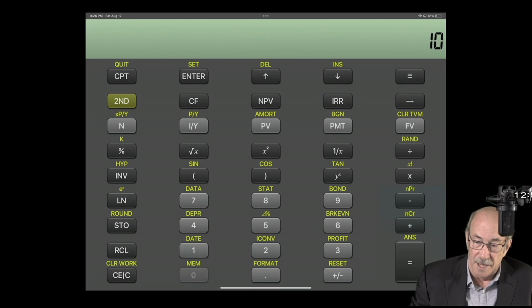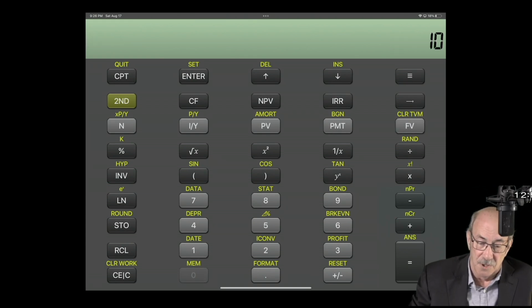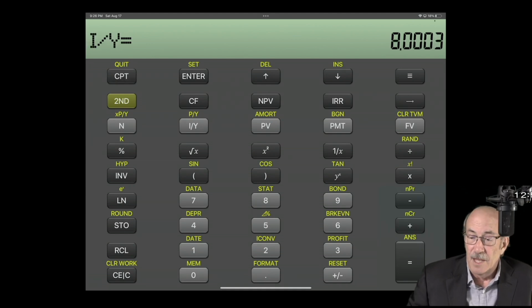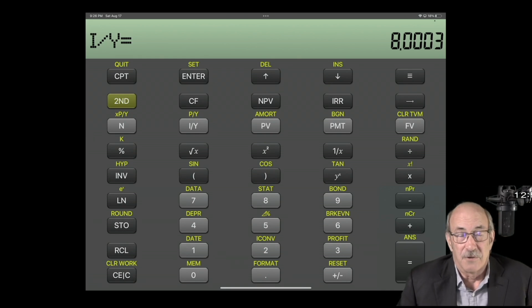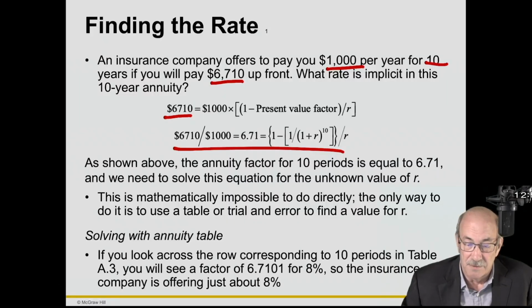We have $1,000, and that's what's coming into us. I'm going to zero out the FV, and we're going to make that a 10-year situation, and now we're going to compute the I, and I get right at 8%. So if you got something at 8% today, you'd actually be doing quite well. That's not a bad deal. Okay, so down here is the answer, 8%.